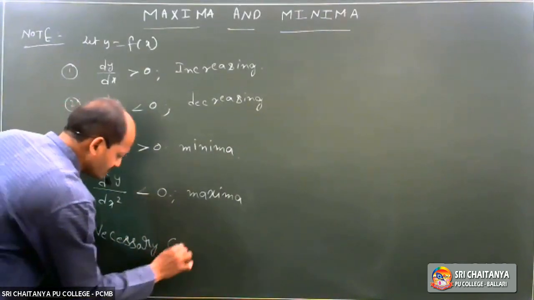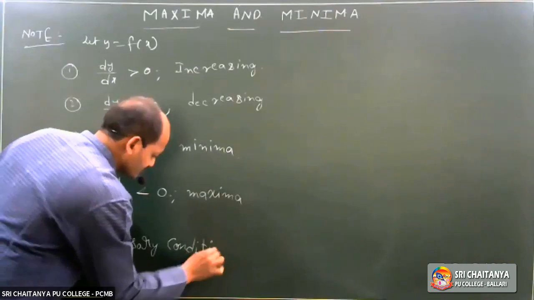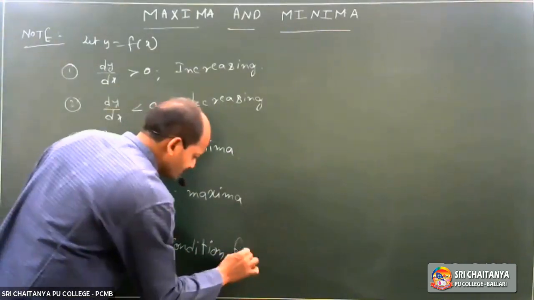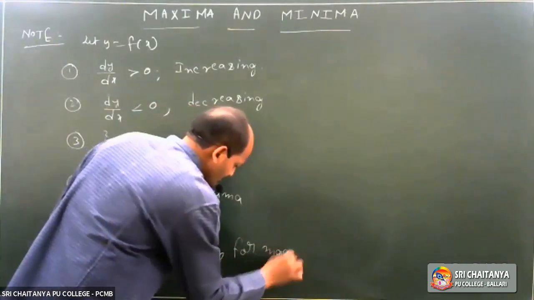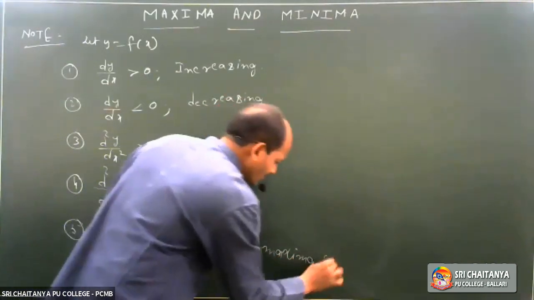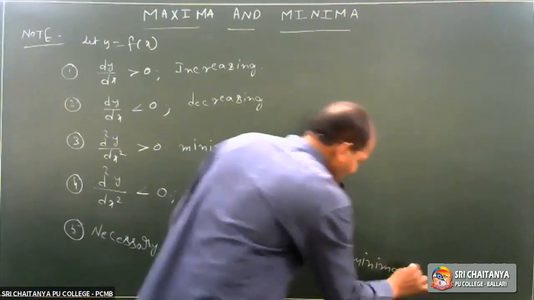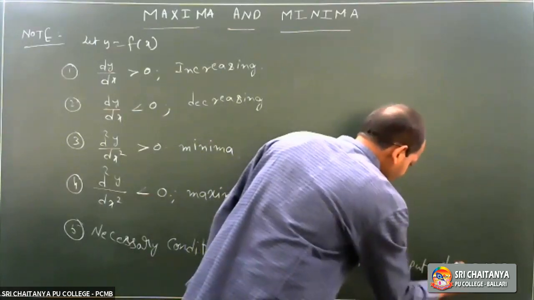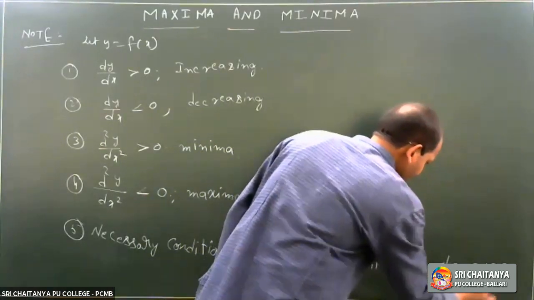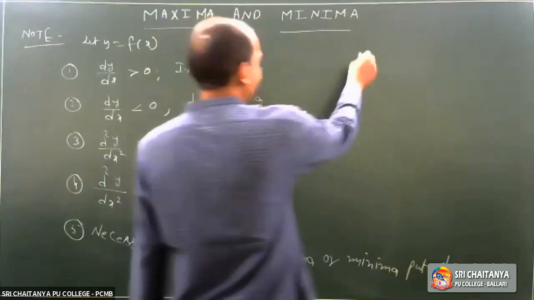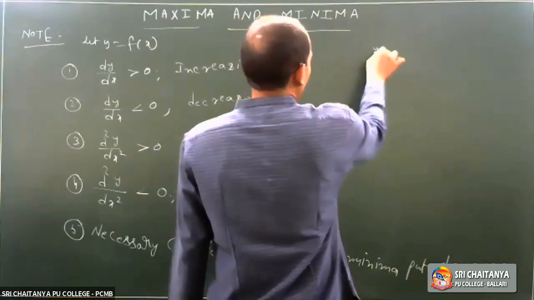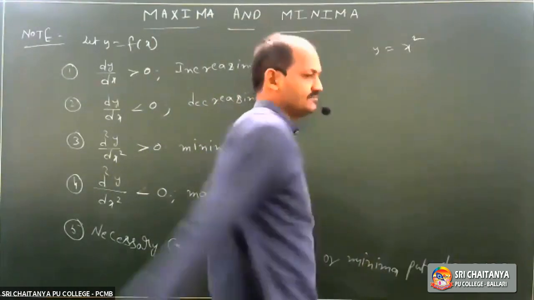The necessary condition for maxima or minima: put first derivative is equal to 0. Listen, for example, y is equal to x square.